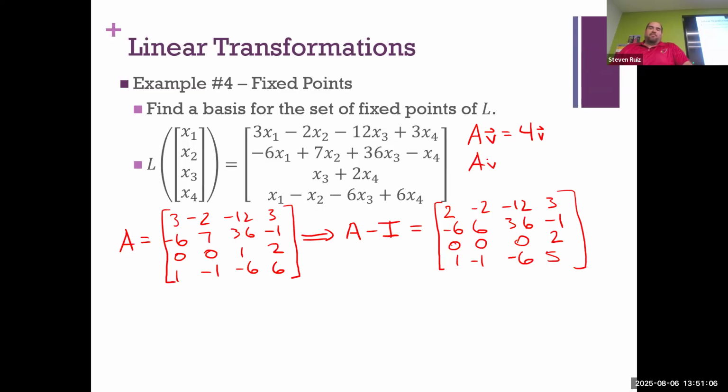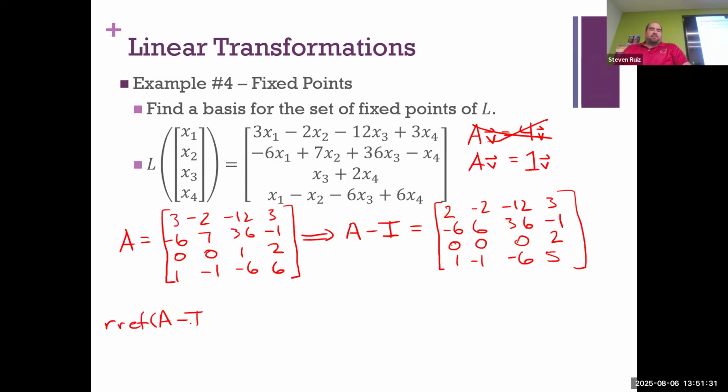I want to find AV equals 1V. So because of that, it saves me from looking for the eigenvalues because I'm looking for very specific behavior. So all of that explanation to answer your question: yes, I'm always just subtracting 1 from the major diagonal.